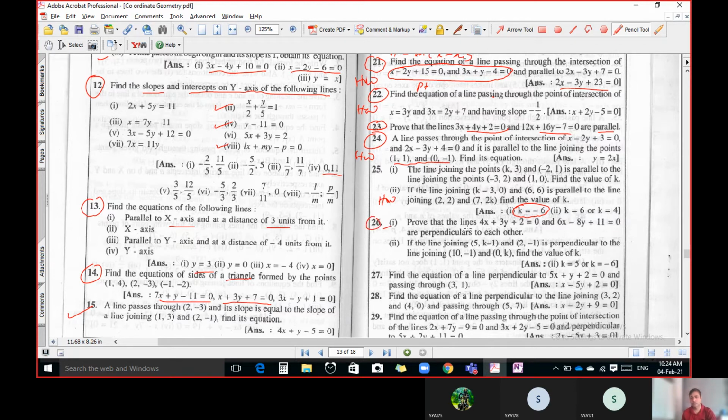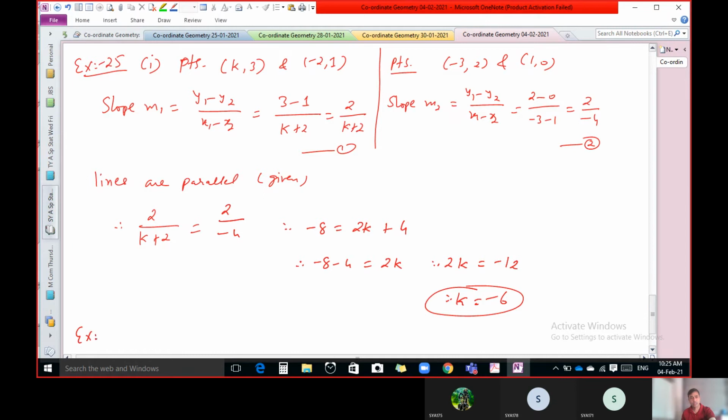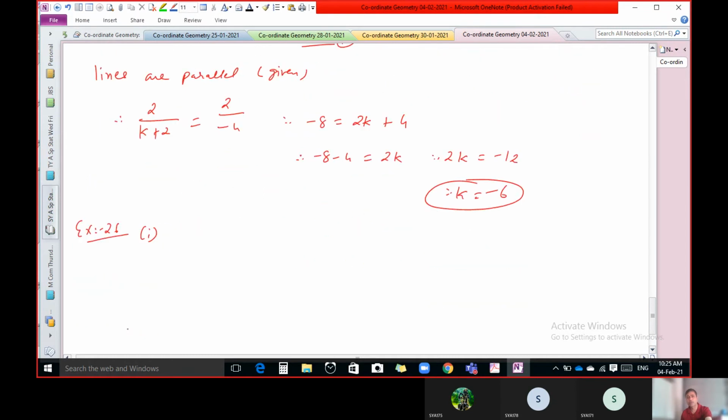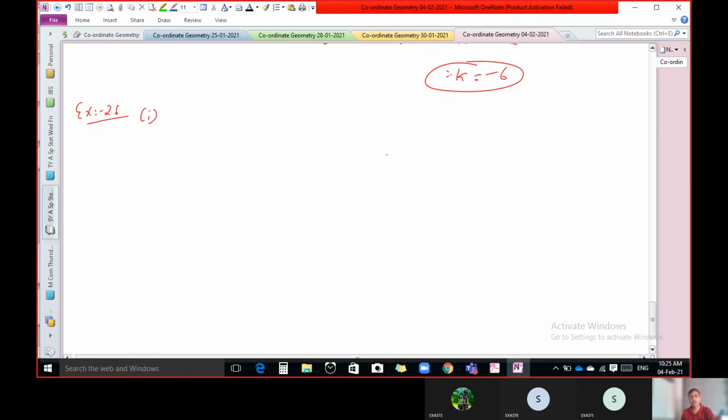What is the question? Prove that the lines this and this are perpendicular to each other. So here we have to prove they are perpendicular.